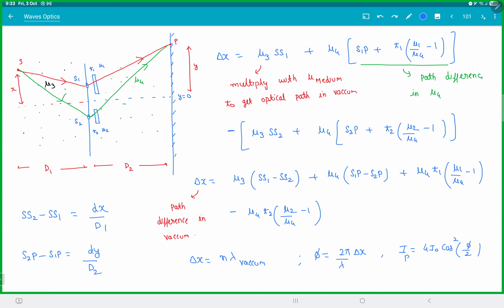You are multiplying mu to this distance, why will you multiply to d? You are converting the SS1 into vacuum, isn't it? You're not converting D1 into vacuum. With your logic, then X will be mu, D1 will be mu, mu will cancel. Not like that.